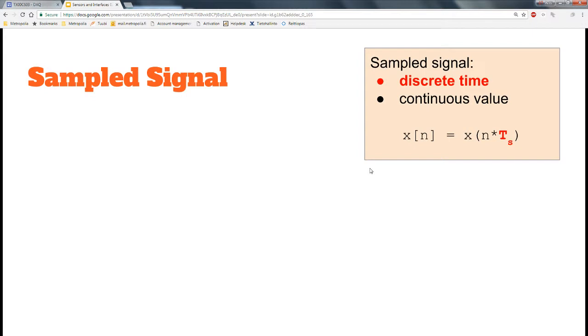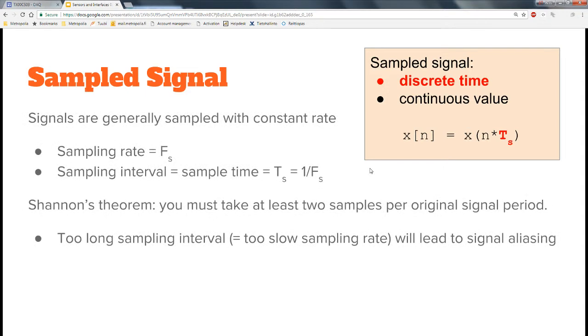Then a couple of words about the sampled signal. Constant rate, meaning sampling rate, I mark it there with the capital Fs, or sampling interval, which basically is also the sample time. And then you may have already heard about Shannon's theorem. If you have a periodic signal, how many samples do you need for each period in order to detect that frequency?